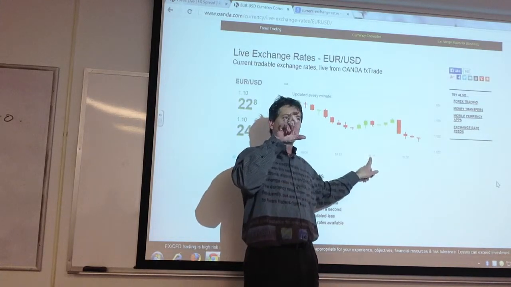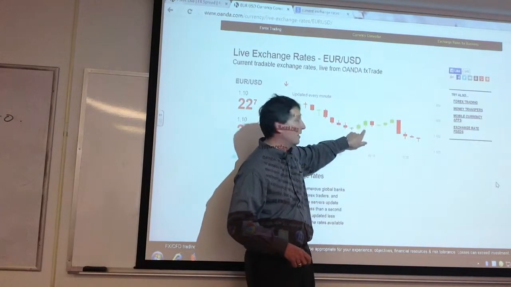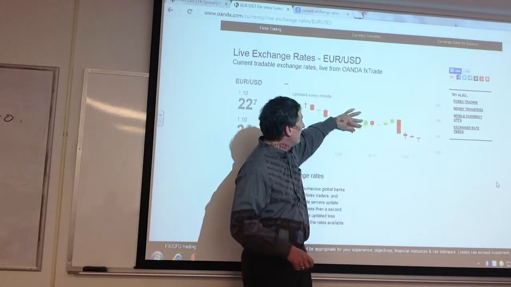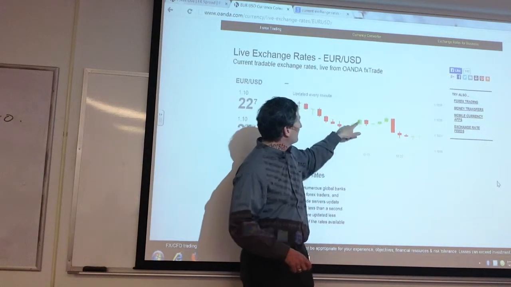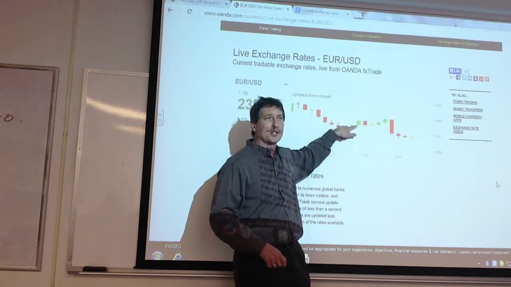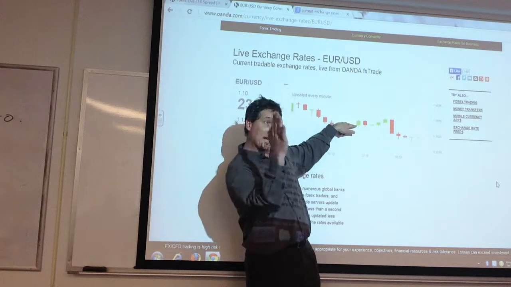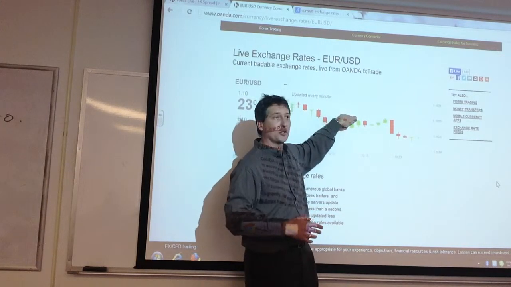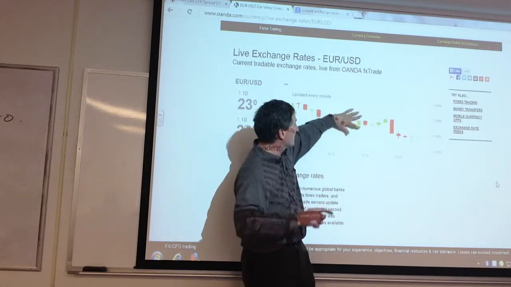So 1 minute worth of trades, that was the variability of the high and the low. And it just updated. When the candlestick is green, the bottom fat part of the candlestick shows the opening price for that minute, and the top part shows the close. So that was the opening and close and the spread in between.